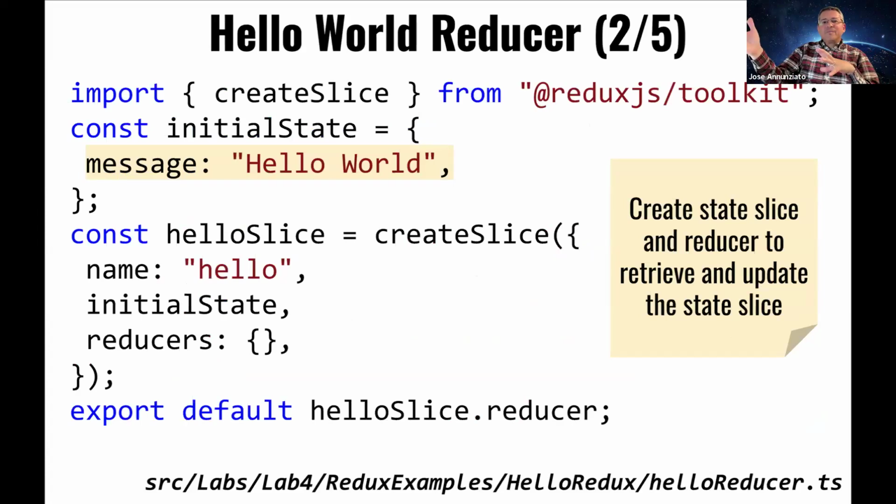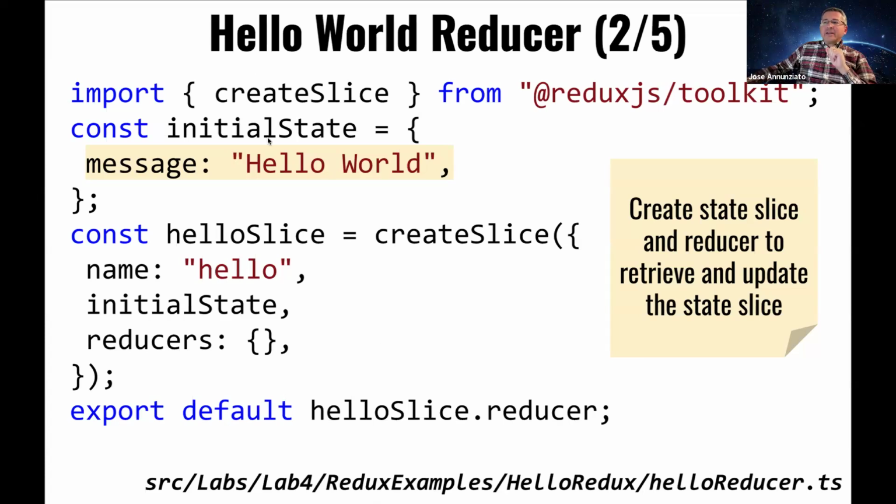Right here, we're creating a slice. So we have an entire pie of multiple states that we want to put in one big state and put in a store. And here we are implementing a reducer. The reducer is responsible for computing what the next state is based on the prior state.